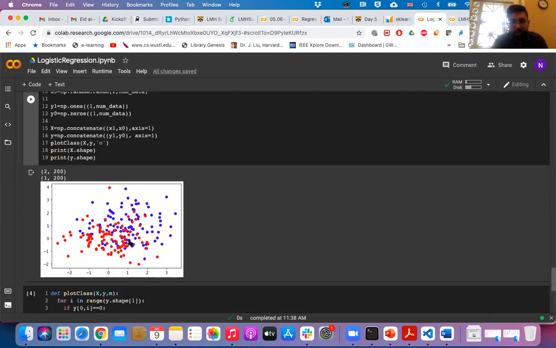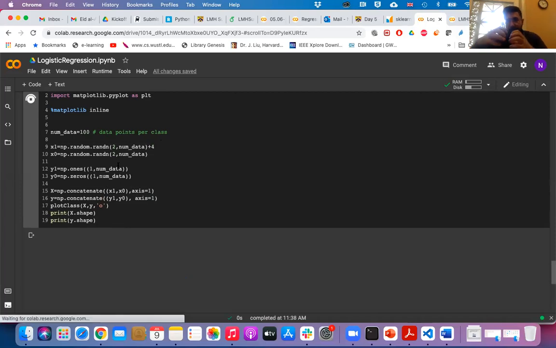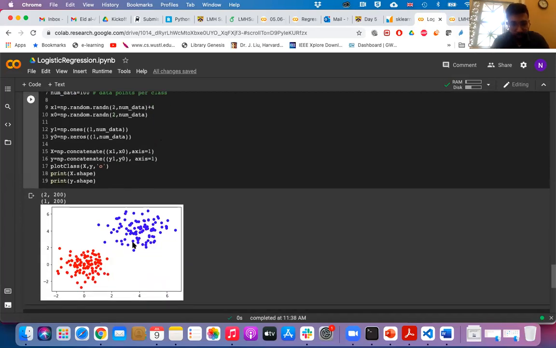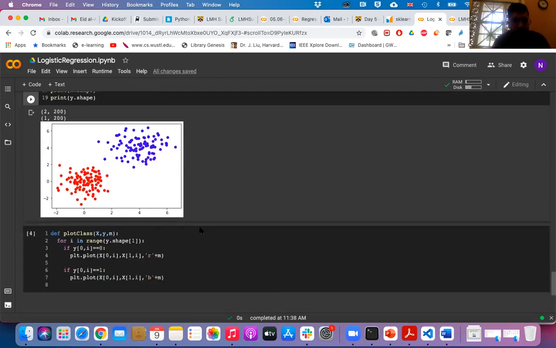And it indeed plots it correctly. I can increase the difference between the two classes by adjusting this number. It takes the two classes away from each other in space. So for the time being, let's keep the two classes very clean, and then we will bring them together and see how it affects logistic regression.